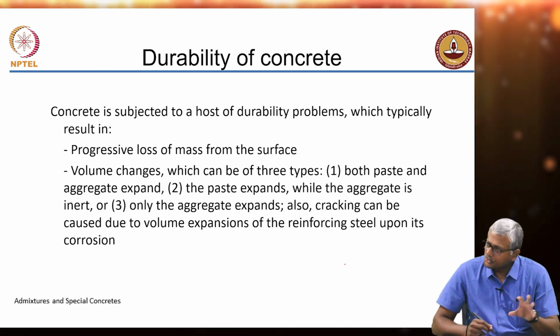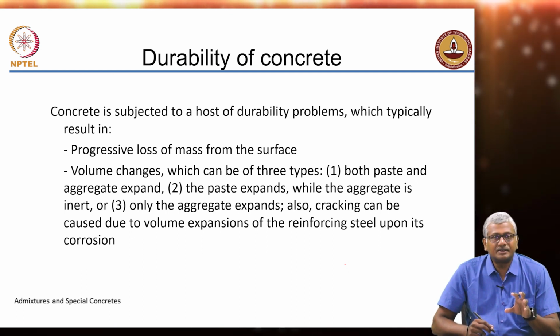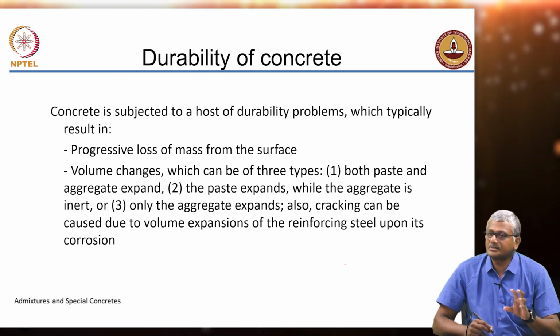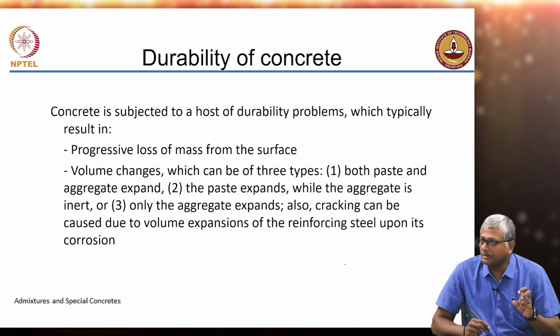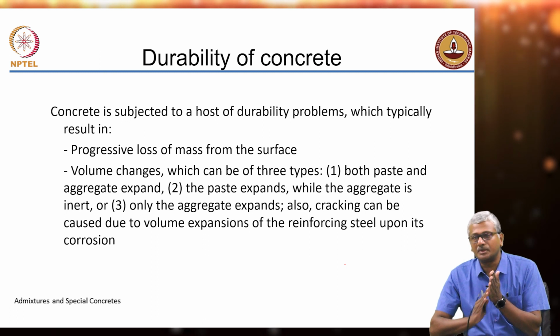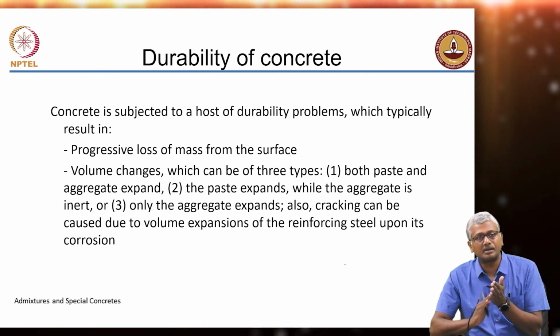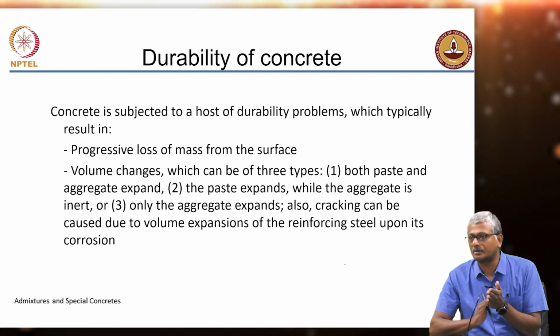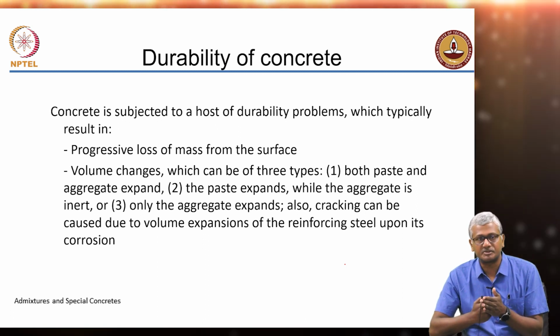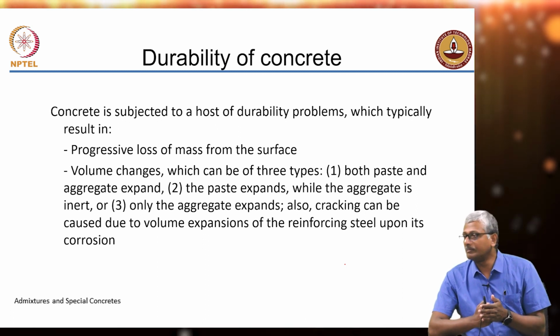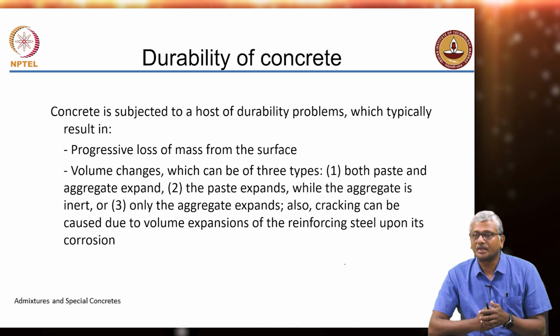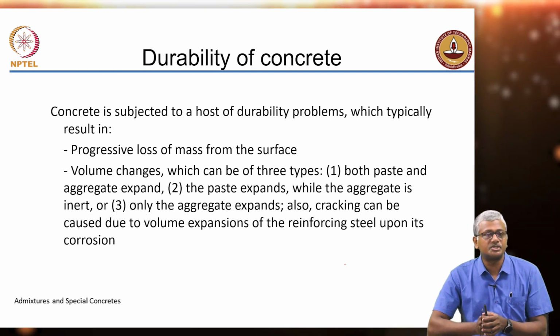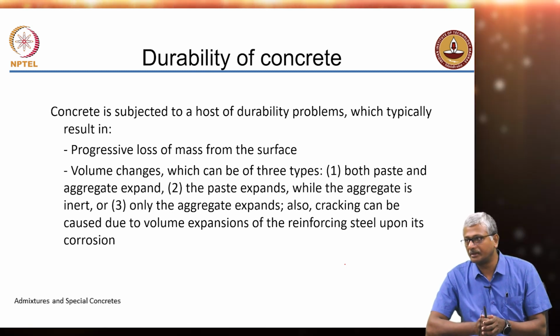Now, if you look at most durability problems, you will see that they are resulting in manifestations that are not all that very different. Most of these problems will relate to some gradual deterioration or erosion of the surface of the concrete, slowly losing mass from the surface. Alternatively, many other durability problems may lead to expansion or volume change of the concrete, okay.